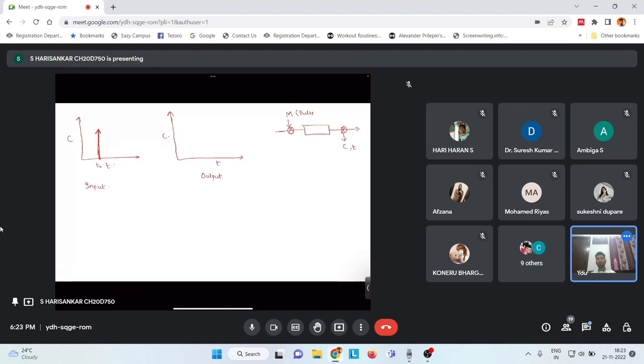So this arrow mark means this is having a very high height, I would say, but the thickness of this impulse or this curve is very low, and it is such that the area of this is 1. So that means it will go on like this.